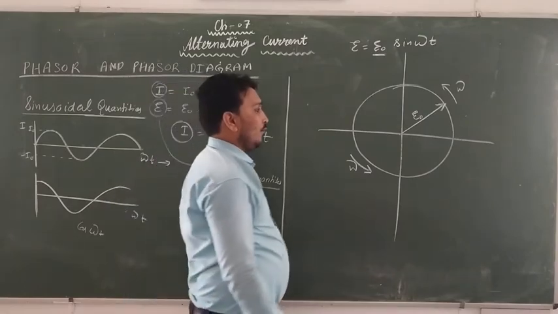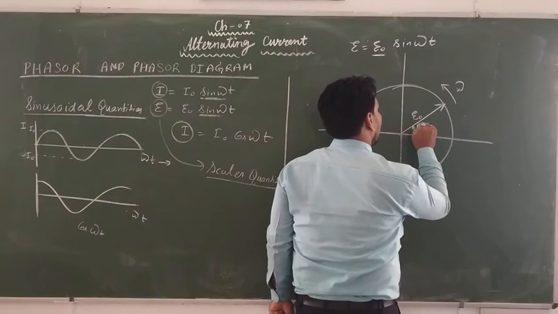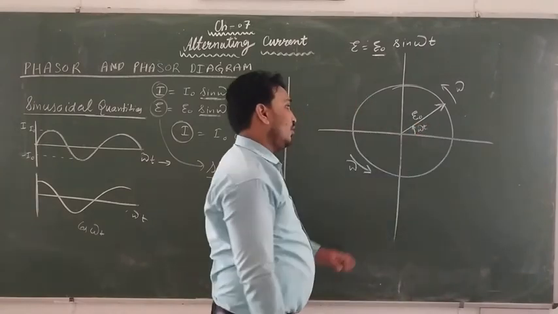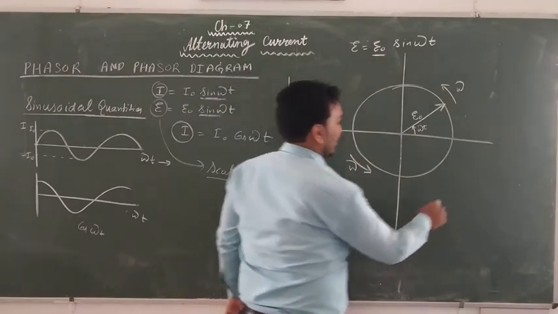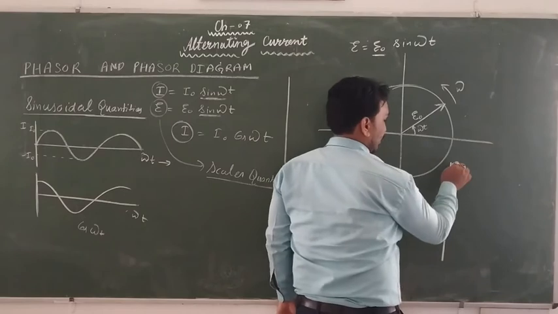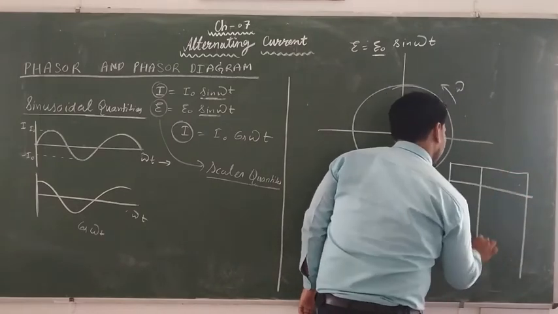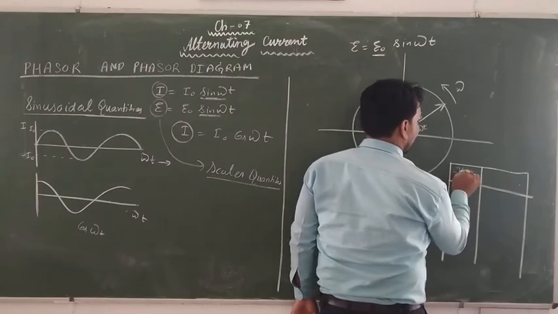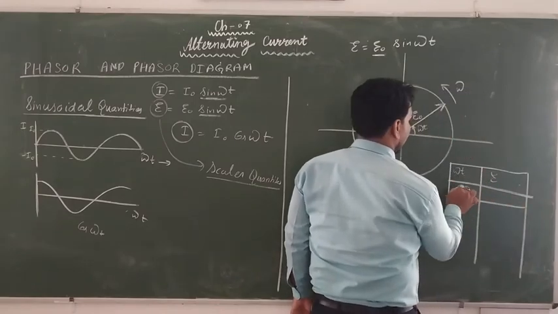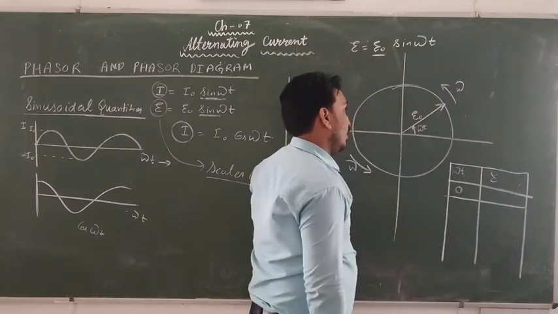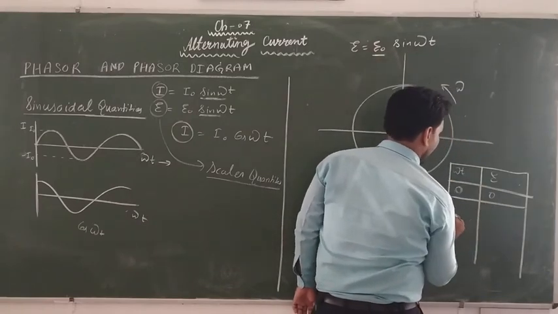Okay. Now just try to understand. At any time t, let this be the general angle, omega t. Now, how this rotating vector signifies this quantity, let us understand. Let us make a table for that. Here I am writing the value of omega t, and here the corresponding value of E. Suppose omega t is 0, angle is 0, sin 0 is 0, then E comes out to be 0.